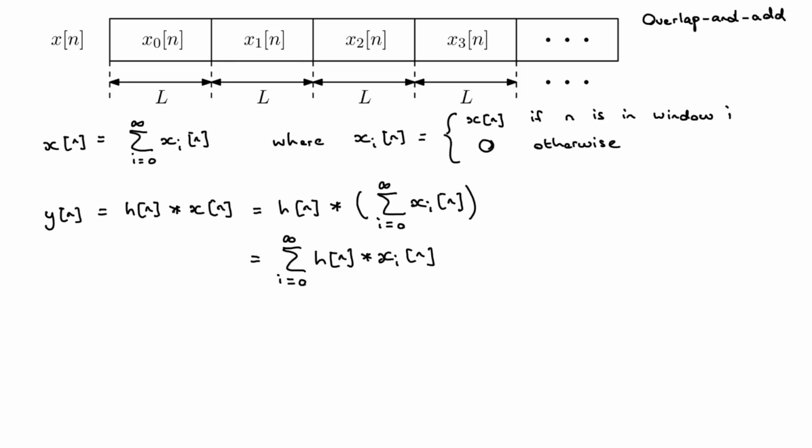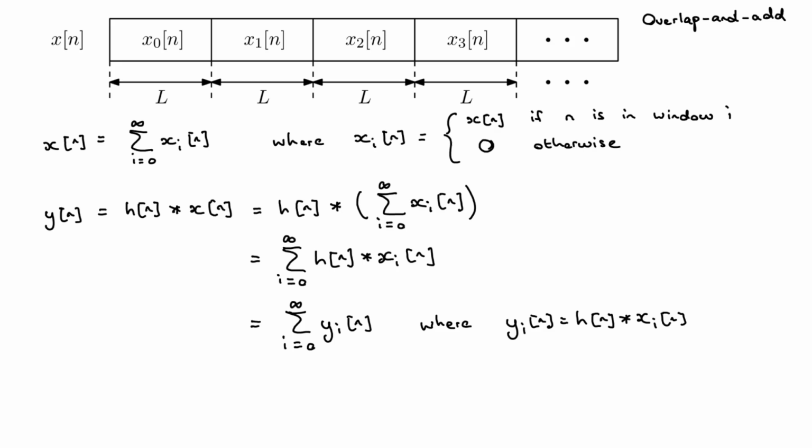That's awesome because that means I only need to wait a block before I can output yn. I will give a special name to the convolution of that block, and I will call that yin. Y0 is h convolved with x0, y1 is h convolved with x1, y2 is h with x2, and so on.